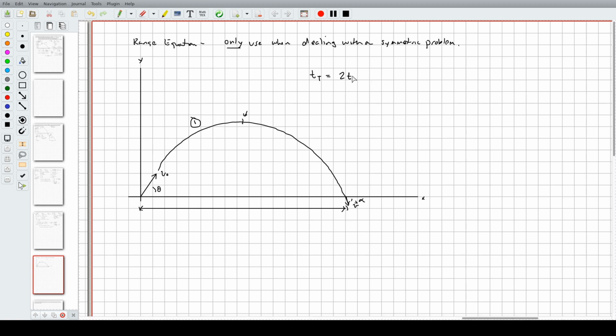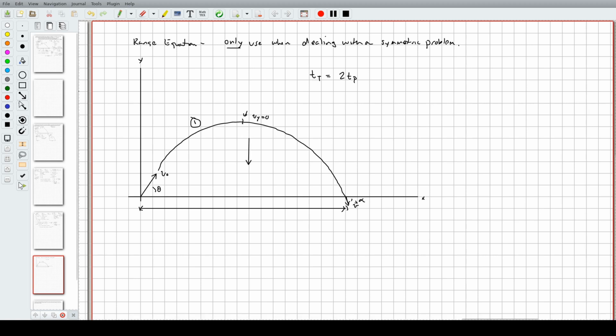So the total time is twice what it takes to get to the peak. We also know up here your velocity in the y direction is 0. And dealing with a free fall type problem like this, the only acceleration present is that due to gravity.